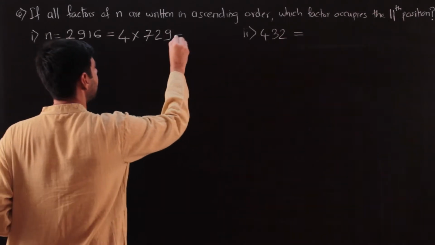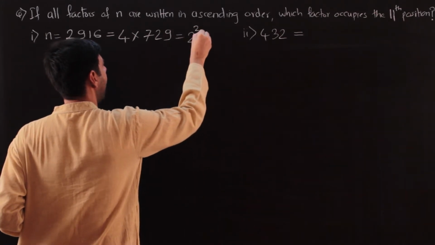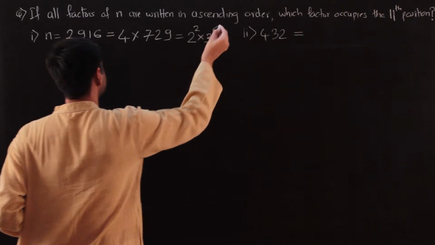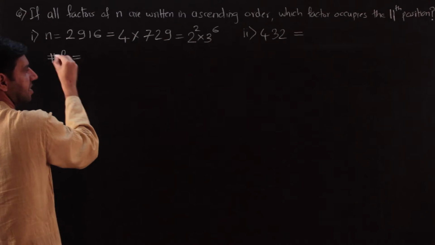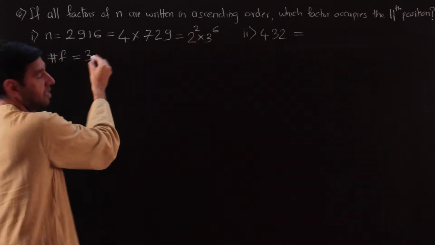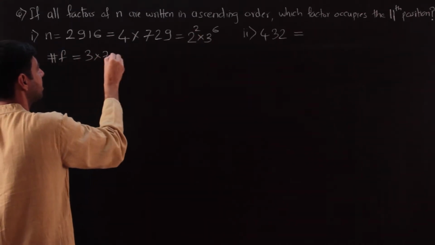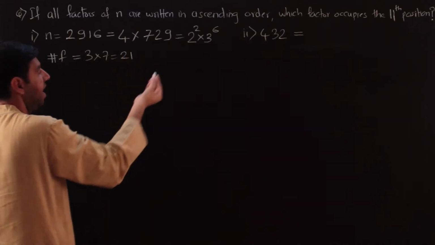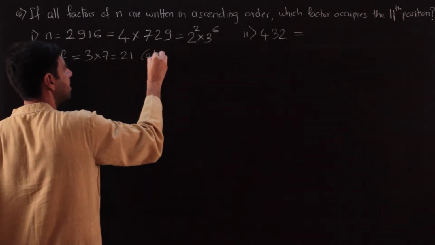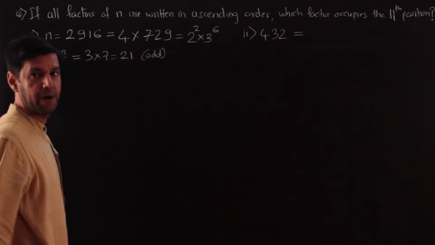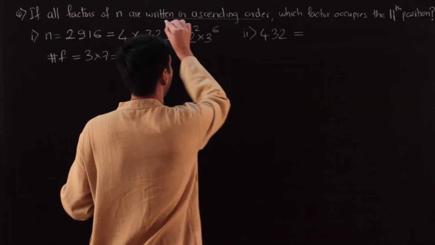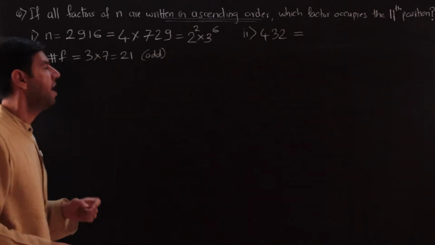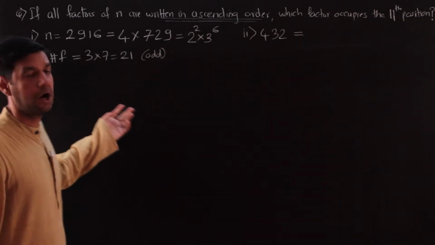Anyway, the factorized form of this is 2 squared into 3 raised to 6, and hence the number of factors, I just write it in shorthand, is (2 plus 1) into (6 plus 1), that is 3 into 7, which is 21. I would notice that this is an odd number. Especially when we are dealing with factors written in ascending order, such background information plays a lot of role.